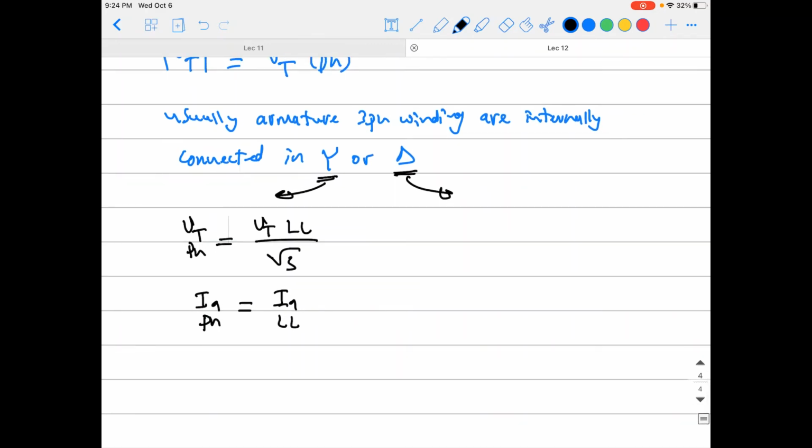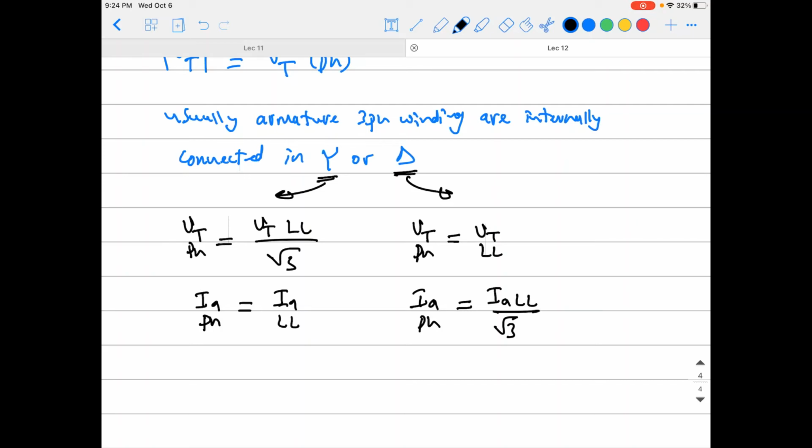Okay, for delta connection you have the other way, because now the phase voltage equals directly the line to line voltage. Okay, while the current of the phase will be different from the current on the line. So the IA line to line divided by square root of 3.